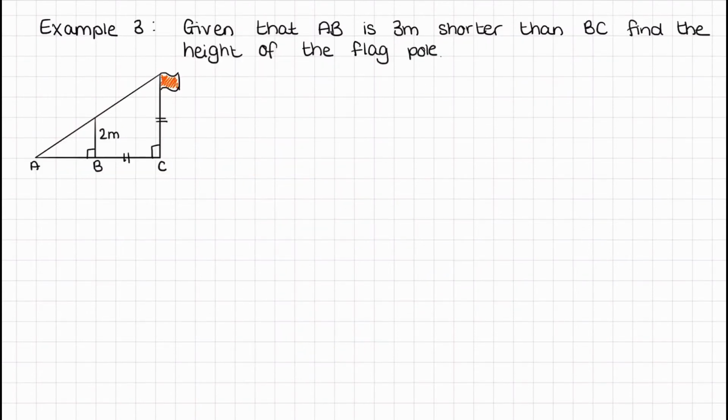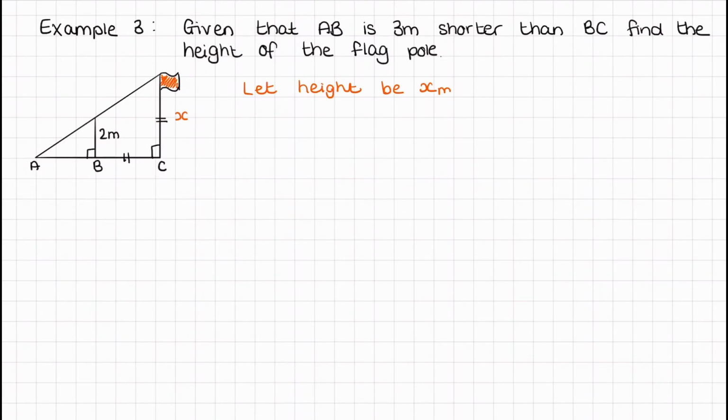Given that AB is 3 centimeters shorter than BC, find the height of the flagpole. So the first thing we're going to do is define our variables. So we're going to let the height be x meters. Okay, so that's the height of the flagpole.